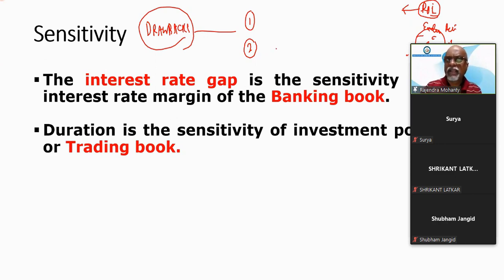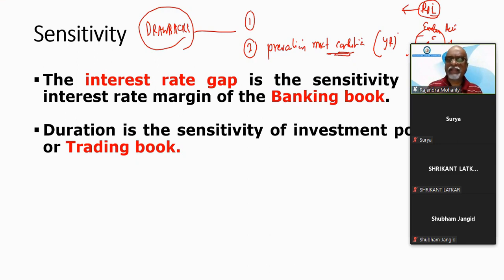The second drawback is that sensitivity always depends upon the prevailing market condition. Because market condition means whether the yield rate or rate prevailing in the market is stable or unstable.